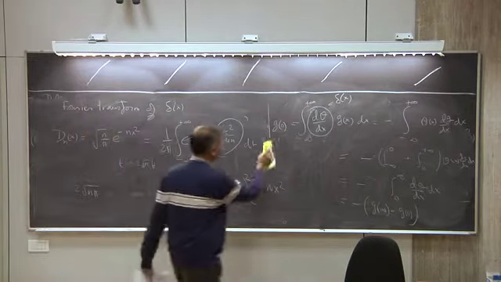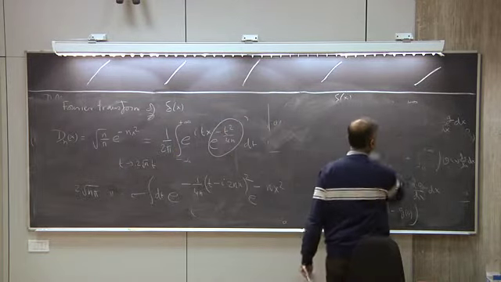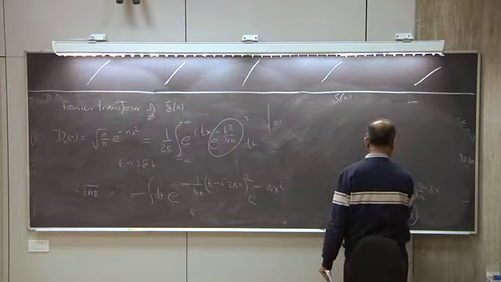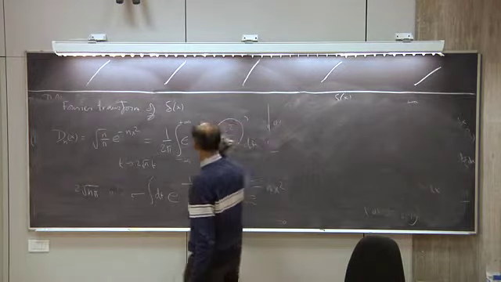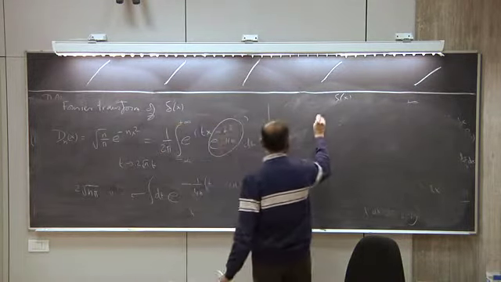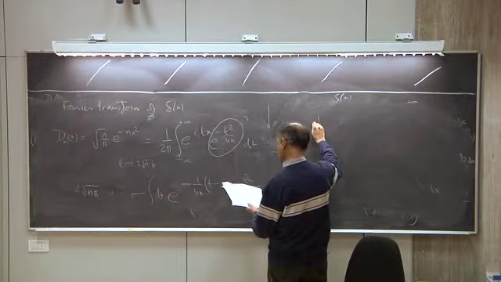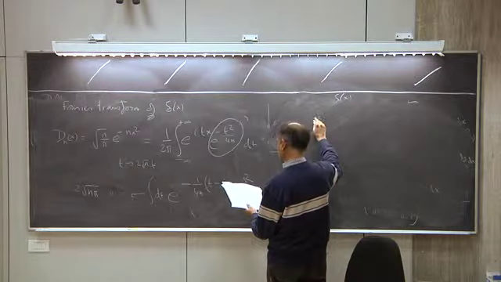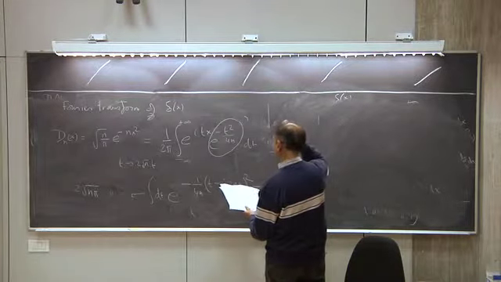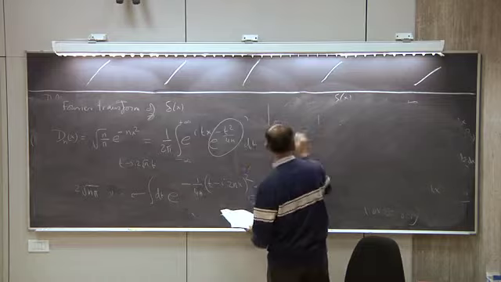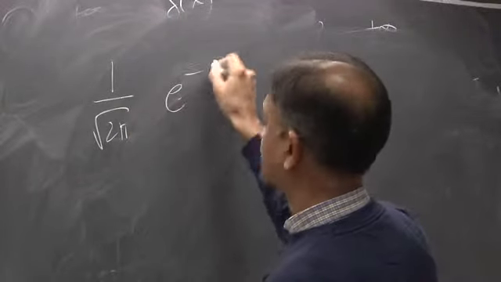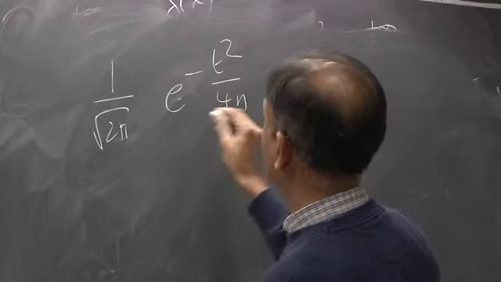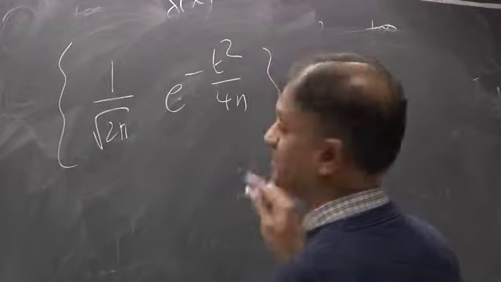from this, what we conclude is, so if you take this generalized function, I think there is a mistake. So 1 over root 2 pi times e to the minus t square by 4n. Okay, consider this sequence.